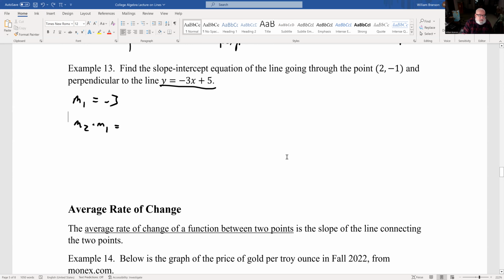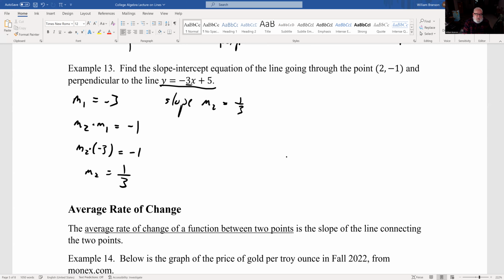So this line has slope -3. I want a line whose slope times m1 is equal to -1. So m2 times -3 to be equal to -1. And if I divide both sides by -3, I get 1/3, the minus signs canceling out.